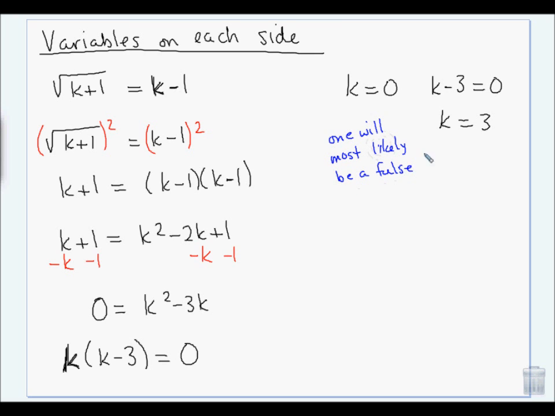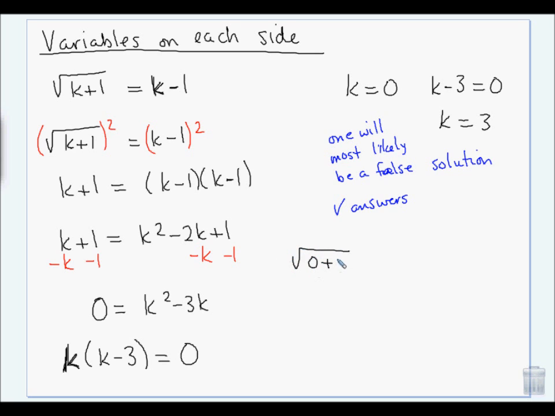And when that happens, we have what's called a false solution. Okay. So you have to check. You have to check your answers to find out if one or both are true. So we plug it in.